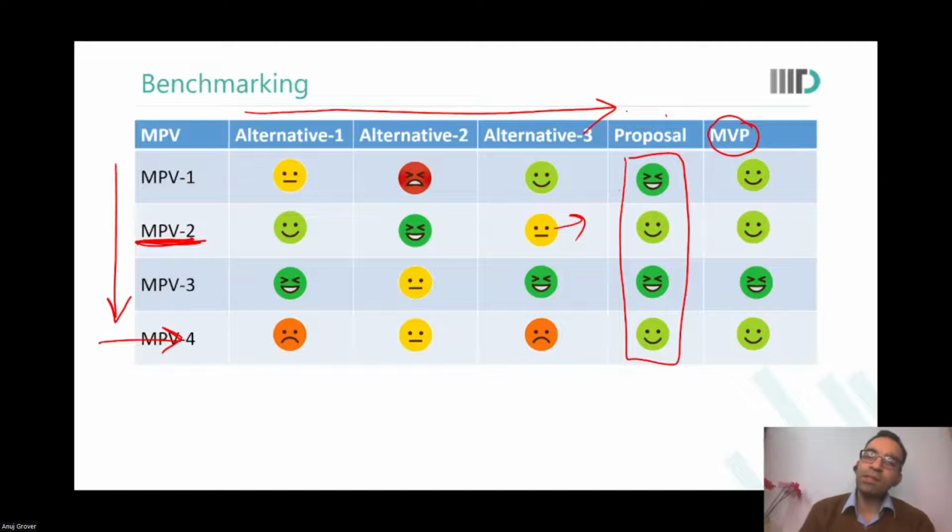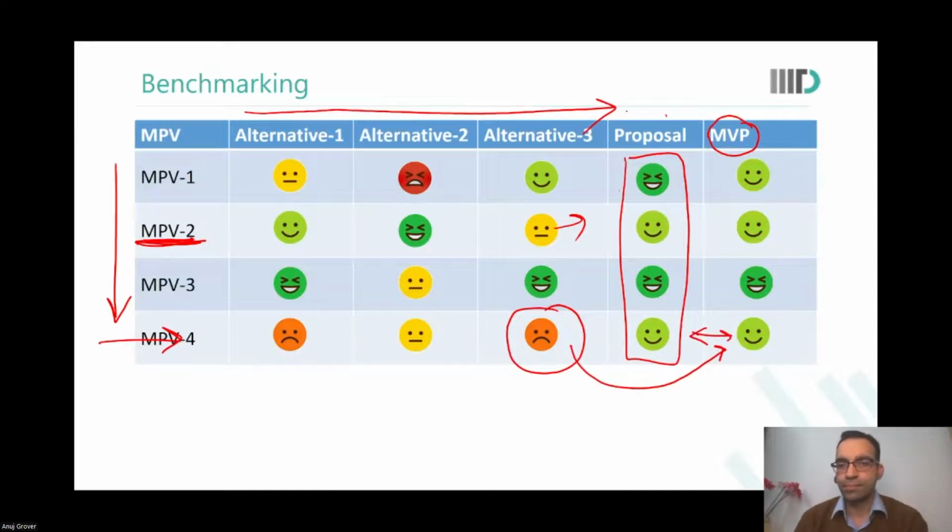For example, this was the key MVP because of which someone would move from alternative 3 to my product. This improvement I have kept intact. Whatever was the weakness of alternative 3, that also I improved. What was already a reasonable strength, I wanted to be much stronger there.